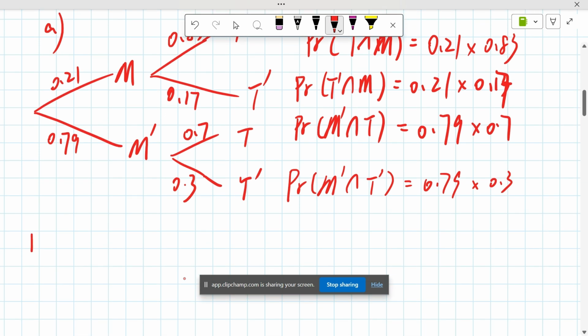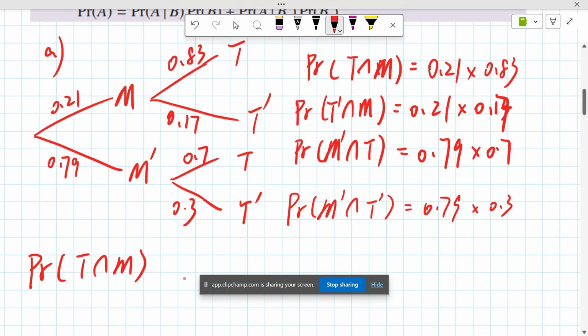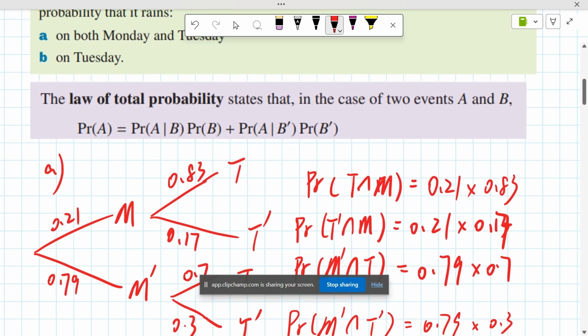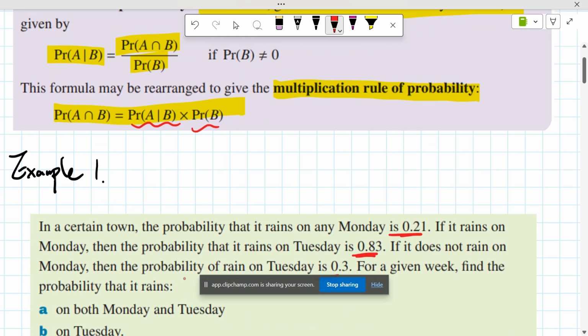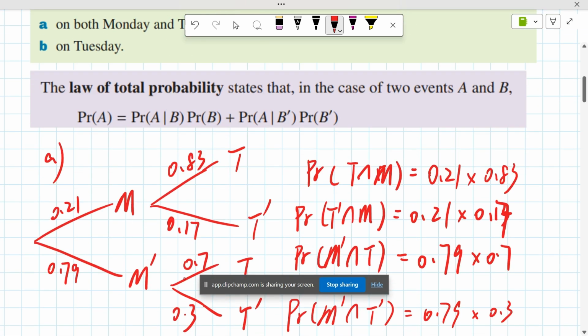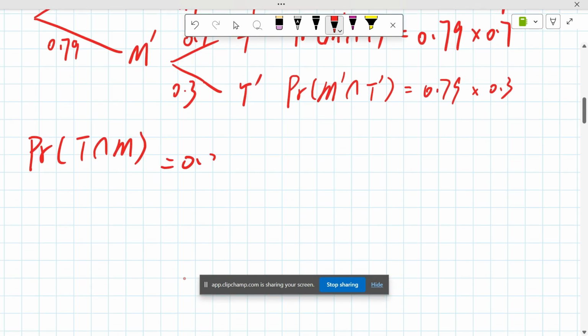So for question A, the probability of raining on both, we use 0.21 times 0.83, which equals 0.174.